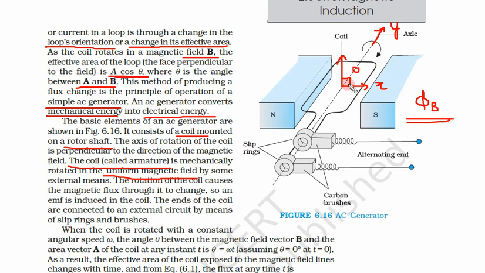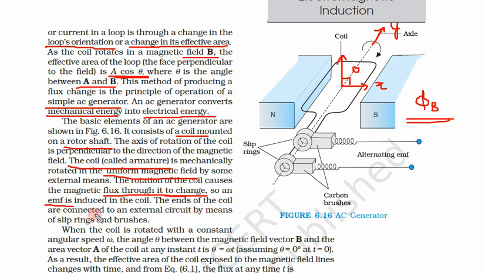So the magnetic field is uniform and we are rotating this coil by some external means, that means using some mechanical energy or some other kind of instrument. The rotation of the coil causes the magnetic flux to change through it, so an EMF is induced. Same thing we have learned, that it is the flux change through the coil which is generating EMF.